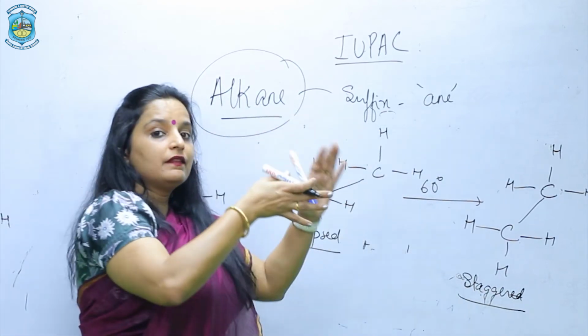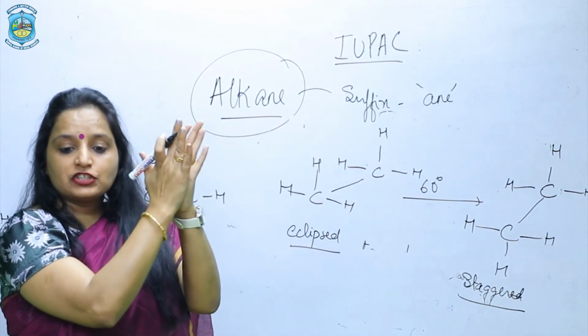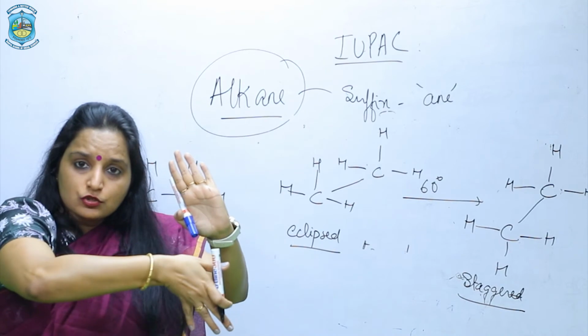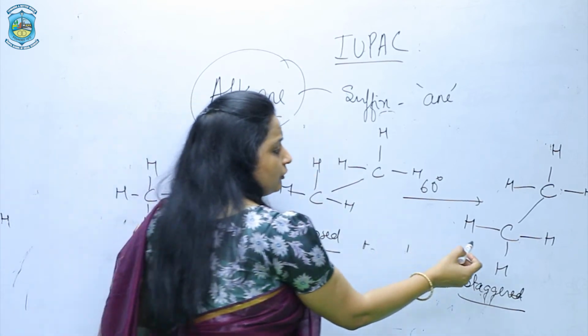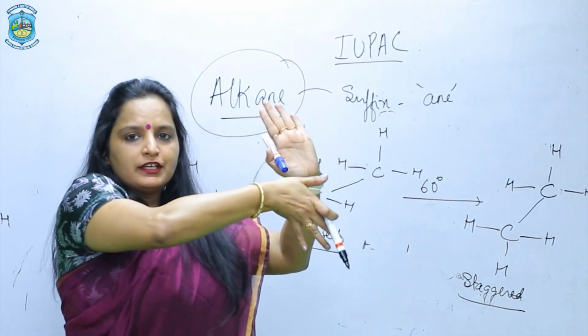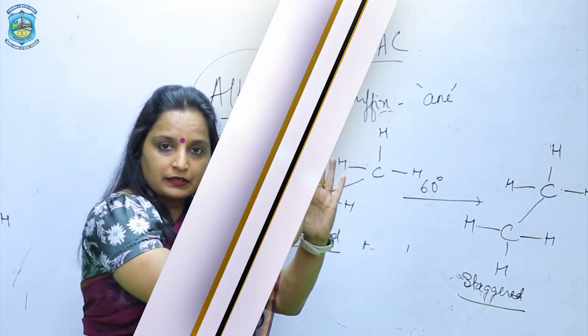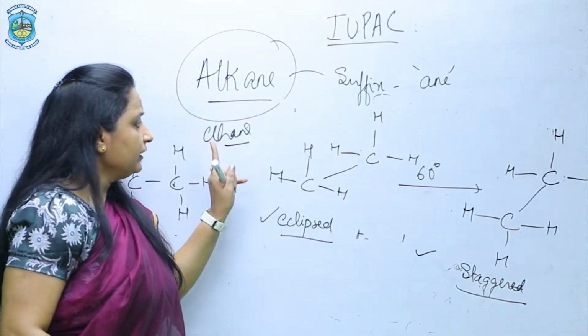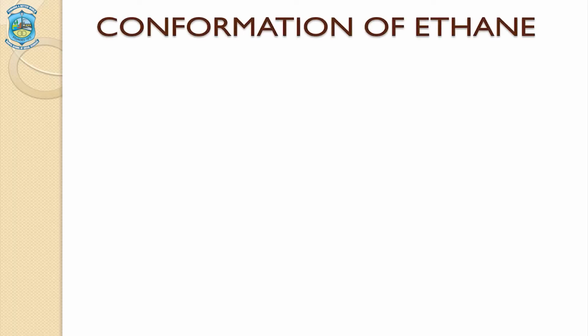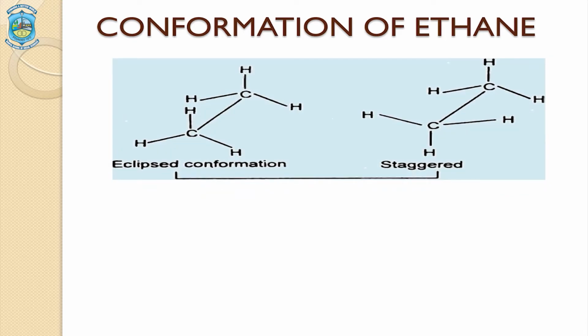Staggered means they are not eclipsing each other, they are opposite to each other. Again, if I rotate this further, I will get back to the eclipsed state. That means for ethane we get 2 intermediate forms, eclipsed and staggered.